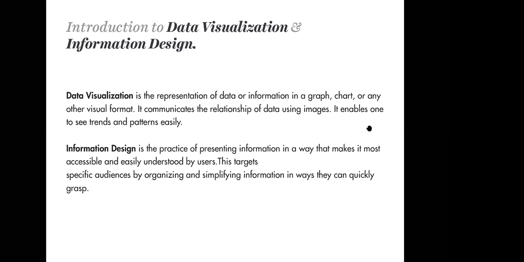Data visualization is basically data represented in the form of graphs, charts, or any other visual formats that communicate the relationship of data in terms of maybe specific data points, maybe in time or in percentages or in different categories of whichever data you're trying to communicate.